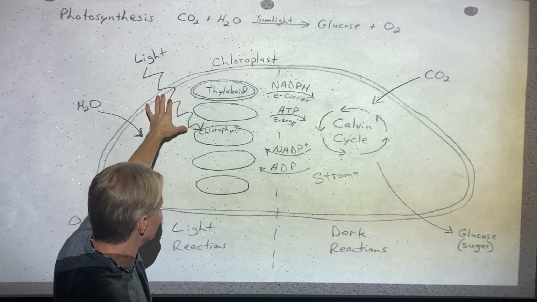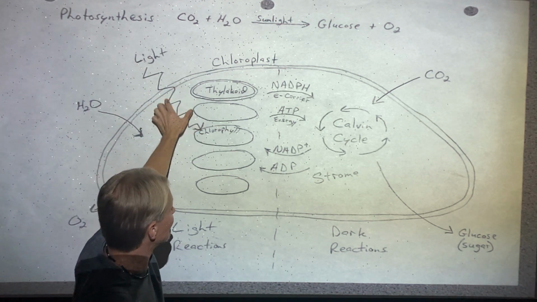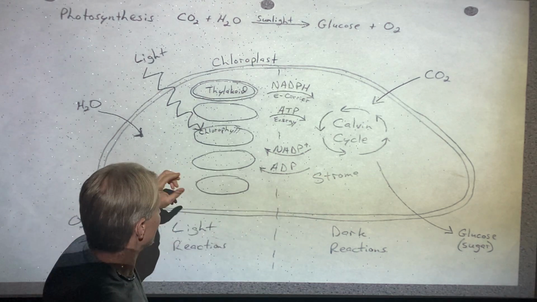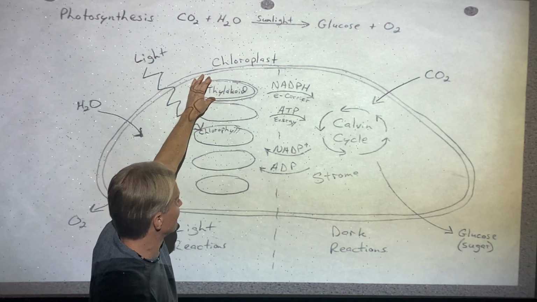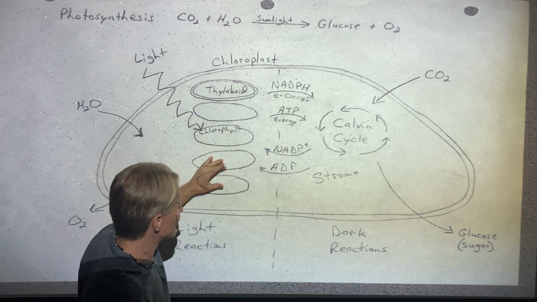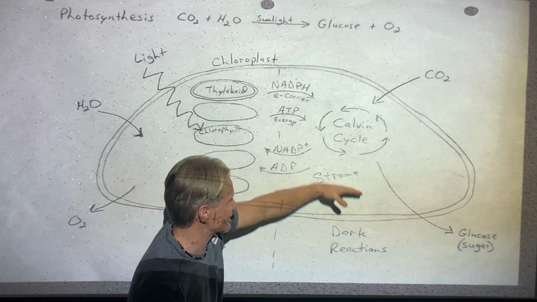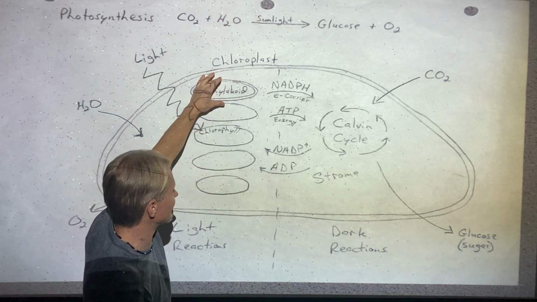So light comes in, and it's going to hit a very specific spot inside of the chloroplast, okay? It's called the thylakoid. Thylakoids look like little stacks of pancakes, and there's lots and lots of these thylakoid stacks inside of a chloroplast. I just drew one little stack here.